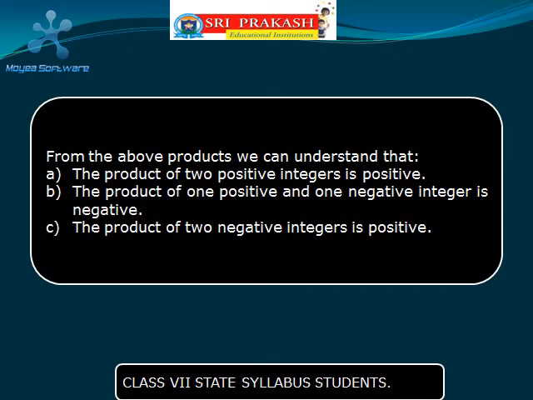Let me repeat. The product of one positive and one negative integer is negative. The product of two negative integers is positive. Let me repeat. The product of two negative integers is positive.